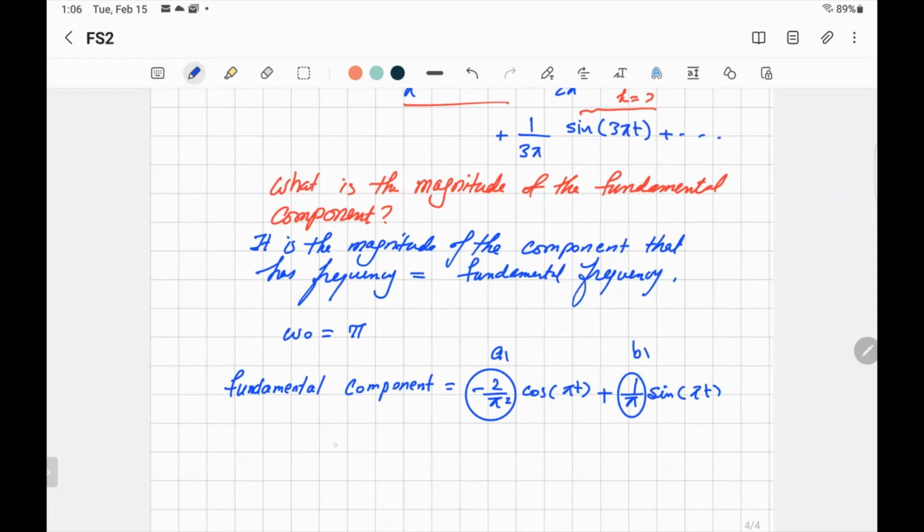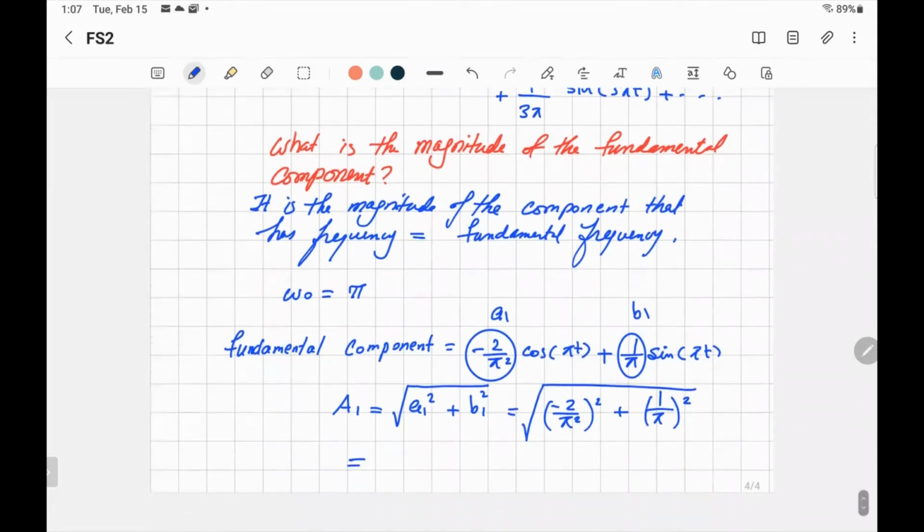So you can say the amplitude is the square root of A1 squared plus B1 squared, which is equal to the square root of (-2 over pi squared) squared plus (1 over pi) squared. And then you get the amplitude of the first component.